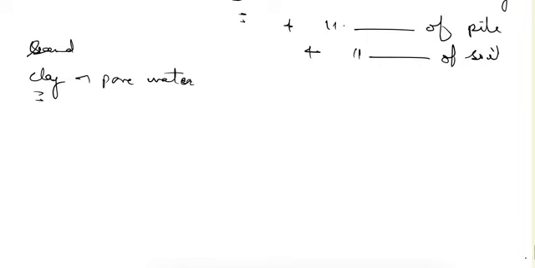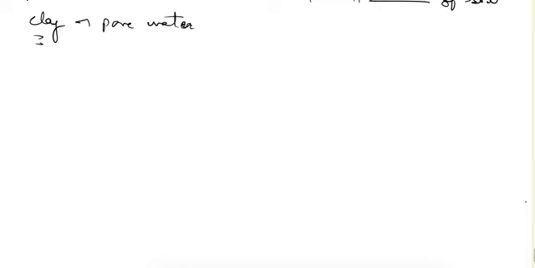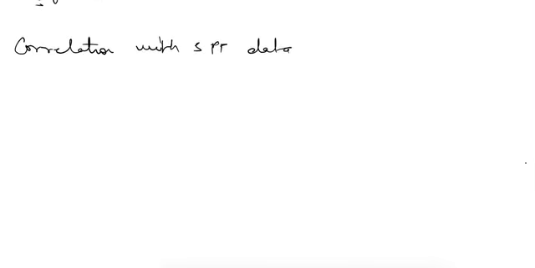Apart from this, one more kind of test was remaining, that is correlation with SPT data, that is standard penetration test data. For this test also the values are given for different kinds of conditions, that is driven pile in sand or cast in situ pile. I'm just telling for the driven condition.